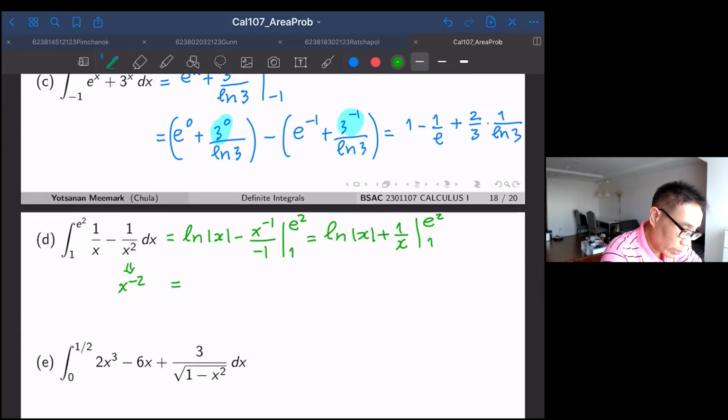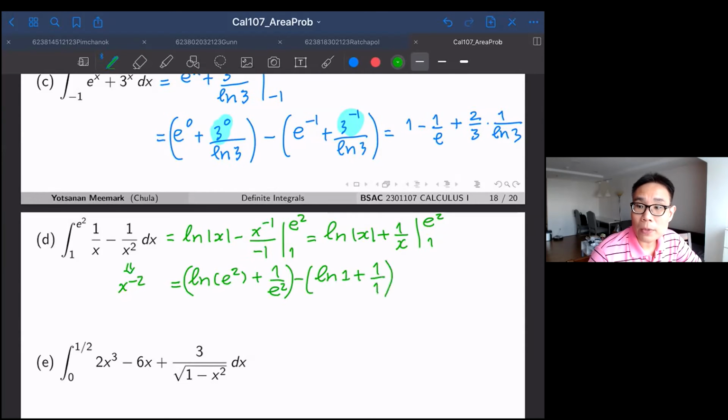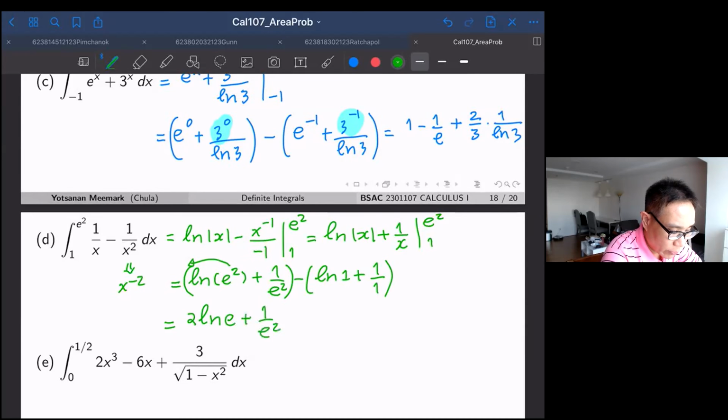So this would be log of e square plus 1 over e square, minus log of 1 plus 1 over 1. In this case, what is log of e square? You pull down the 2, so it's going to be 2 log e plus 1 over e square.